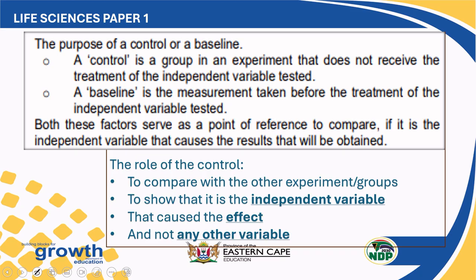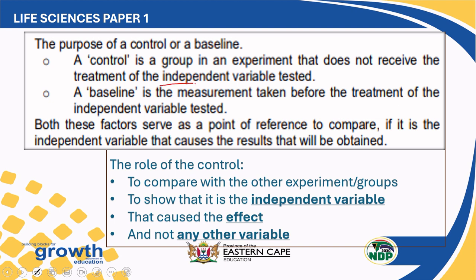Another question that is very commonly asked in our exam paper is about a control or a baseline. Now, a control and a baseline are two different things. So let's clear up what each one means. A control is a group in an experiment that does not receive the treatment of the independent variable.